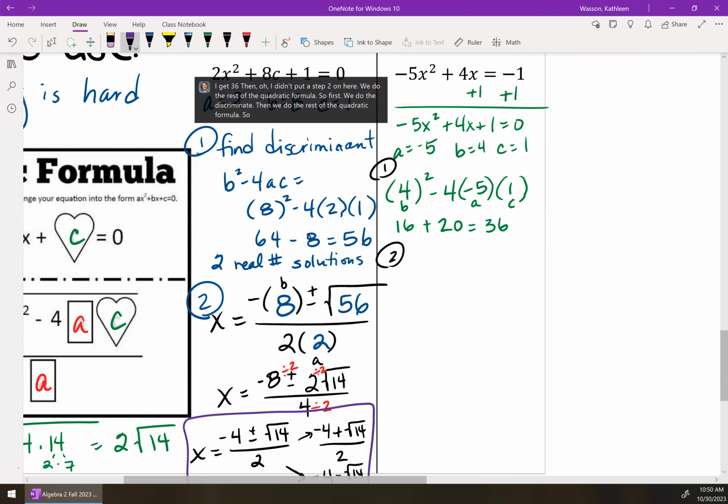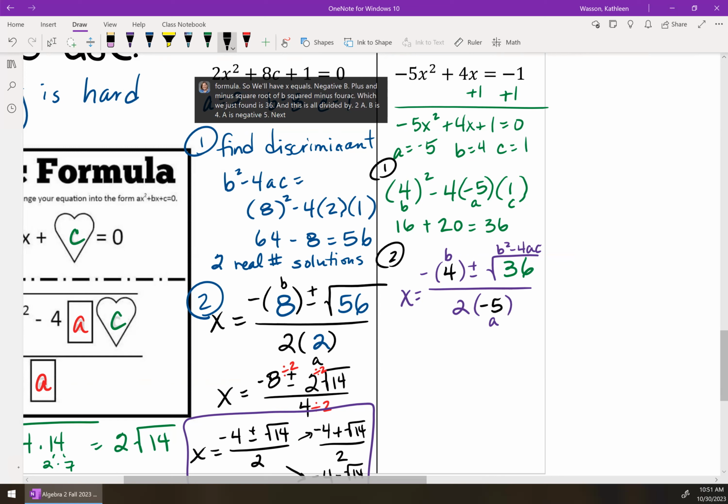So I'll have x equals negative b plus and minus square root of b squared minus 4ac, which we just found is 36. And this is all divided by 2a. b is 4. a is -5.